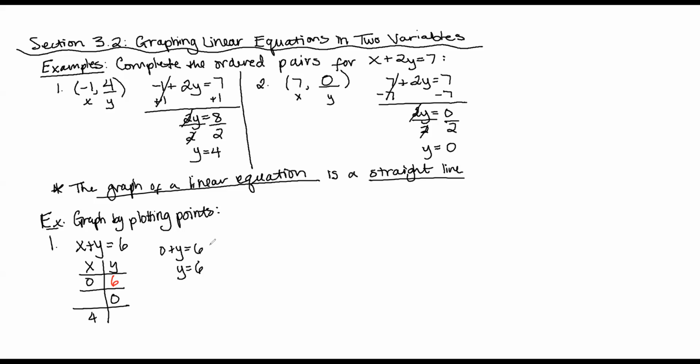So if we do that, we have x plus 0 equals 6. x plus 0 is x equals 6. We get the same thing, but now that's our x coordinate. And now let's go ahead and do the last one. Plug in 4 for x. I'll go ahead and just do this down here. 4 plus y equals 6. Subtract 4 from both sides, and we get y equals 2.